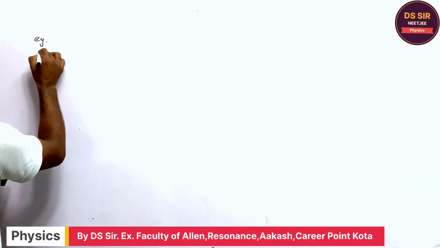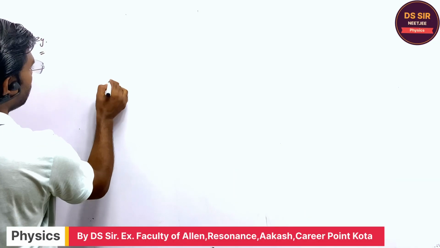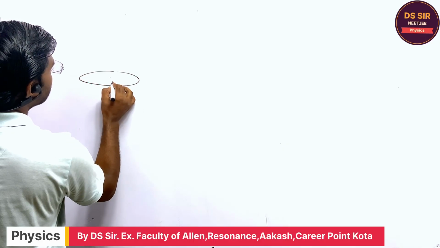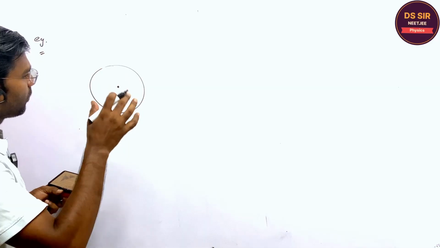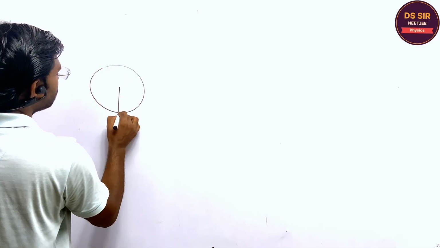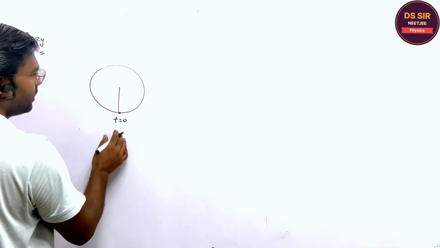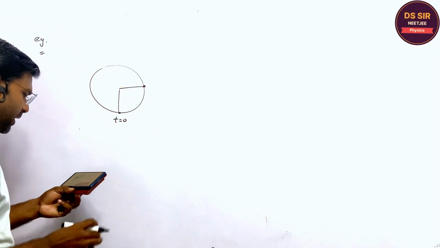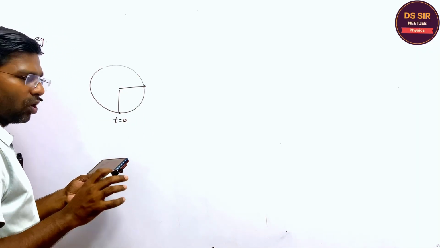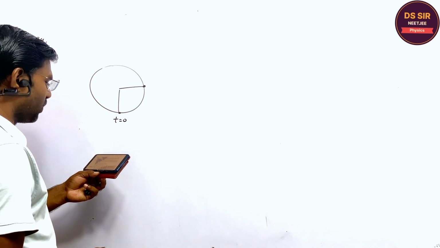Okay, so in this question what is given? Suppose a particle starts moving in a circular motion like this, right? This is the top view. Suppose at t is equal to 0, the particle starts from here, and then after some time, when it reaches this point, it starts its stopwatch, right?